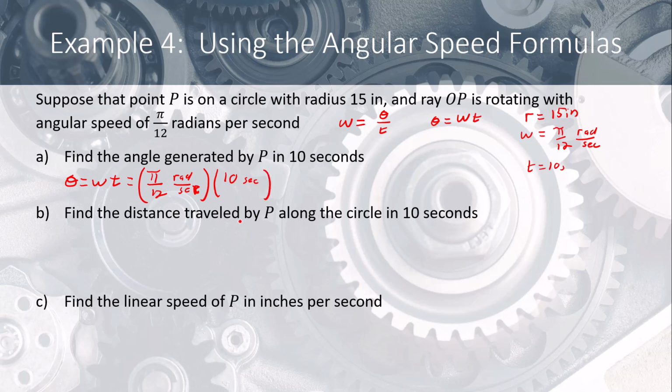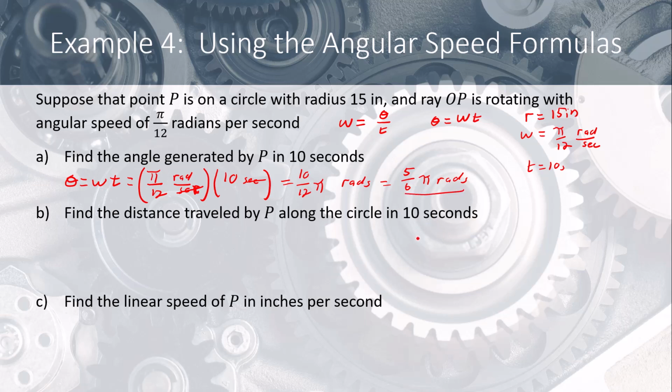Now notice I have seconds in the numerator and seconds in the denominator, and we can treat these like variables. This is part of what's called unit analysis. They will cancel, and the only unit left is radians, which tells me I'm on the right track. What we have here is 10 over 12 pi radians, and that simplifies to 5 over 6 pi radians. So that's the answer to our first problem.